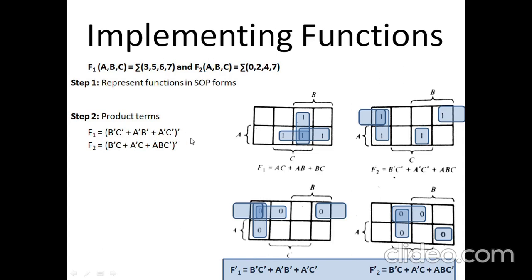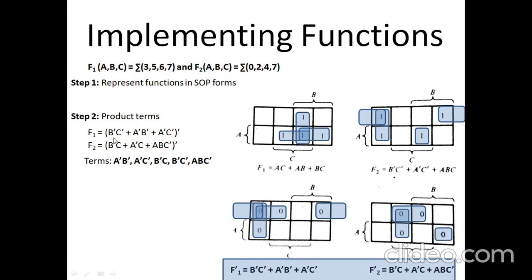If we get the set of product terms from these two functions, which are taken from the complemented form, then we would get this set. We have 1, 2, 3, 4, and 5 product terms. B prime and C prime is common in both, so we take it just once.